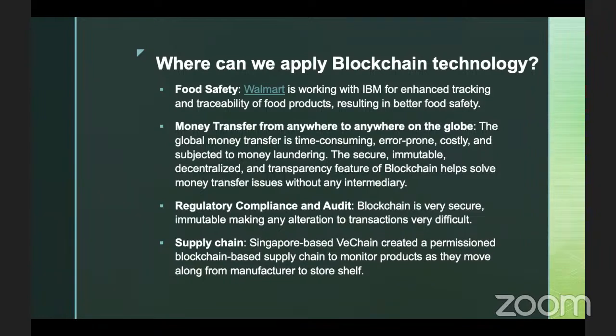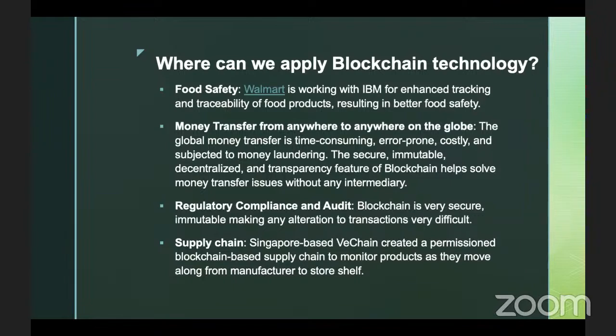Supply chain. We were talking about the coffee shop example at first. It is something like supply chain. One Singapore-based company created a permissioned blockchain-based supply chain to monitor products as they move from the manufacturer to the store shelf.